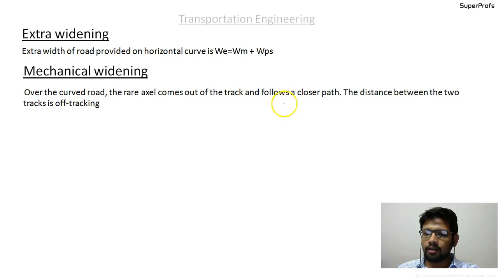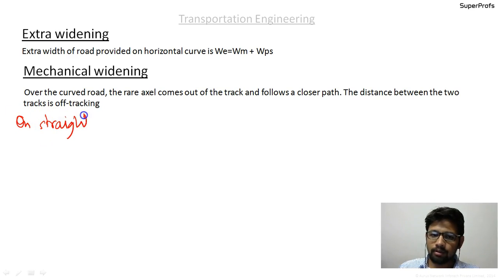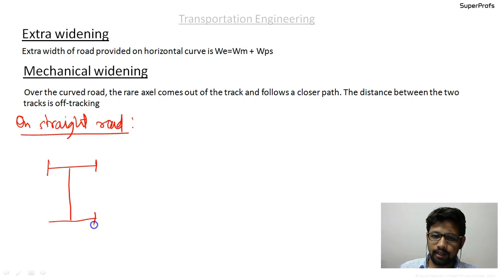If a vehicle is moving on a straight road, the scenario will be of this kind. Suppose this is the vehicle, with the front axle and the rear axle.